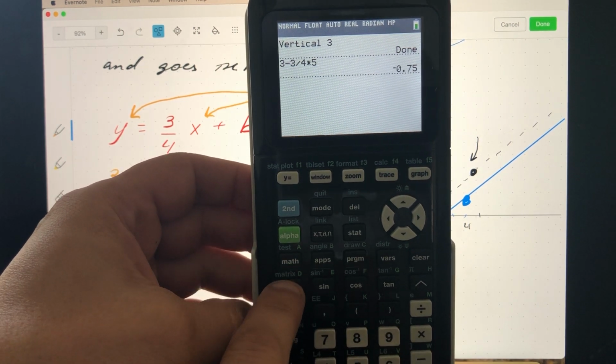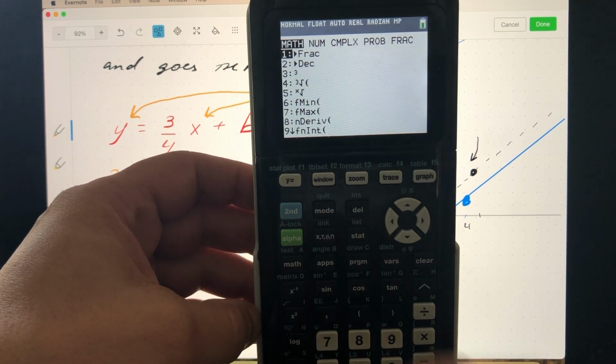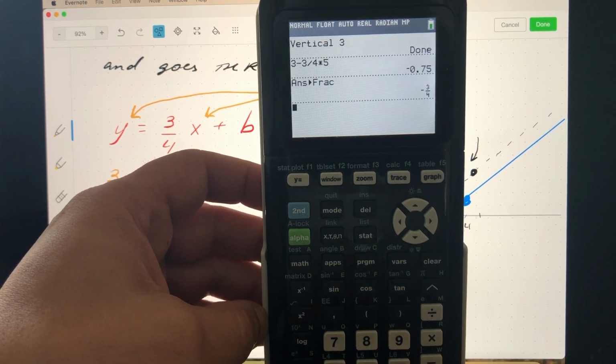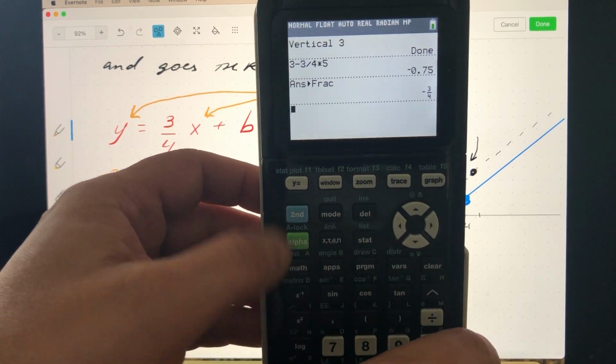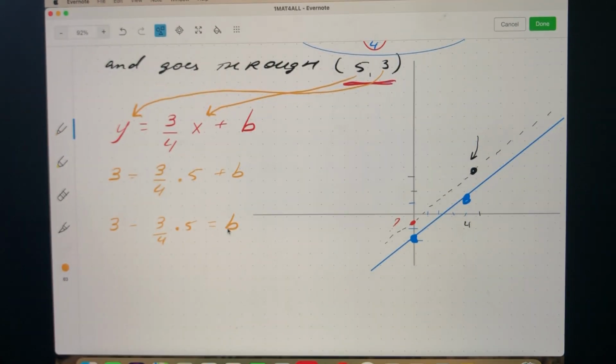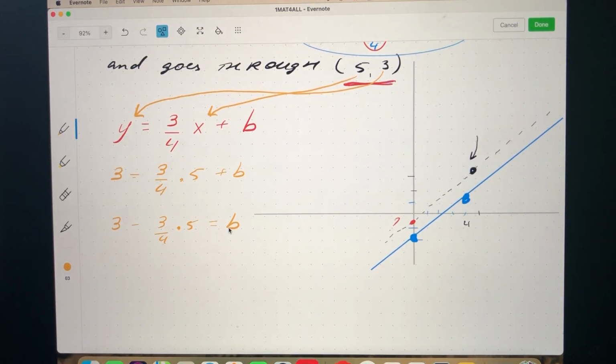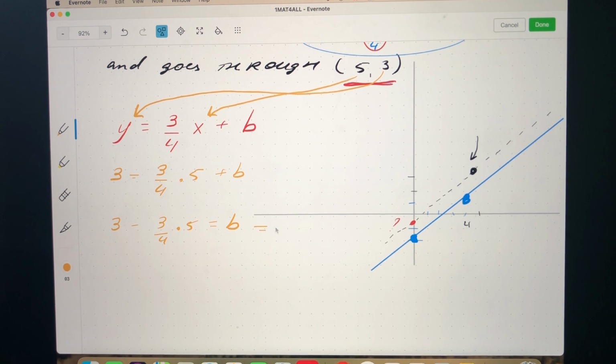If we go to the math and change the answer to fractions, we'll see what it is in exact form, -3/4. So that's the b. The b is -3/4. That's the only thing that was missing. Once we substitute it here, we are done. The final answer is y equals 3/4 x minus 3/4.